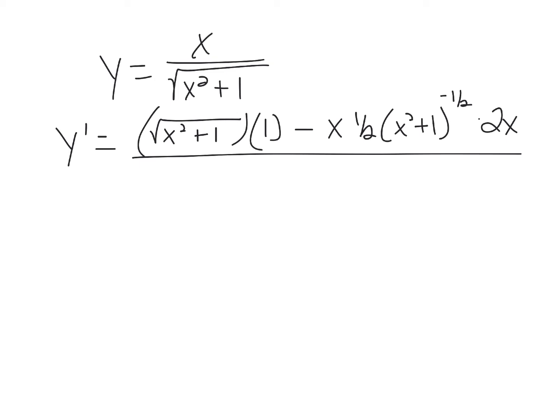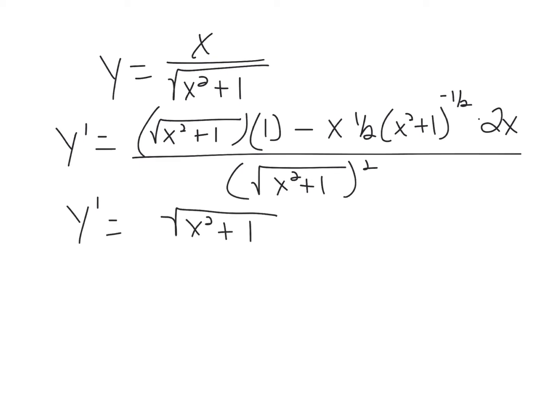All over the denominator squared, so we have the square root of x squared plus 1, squared. Time for some simplifying. 1 times anything is itself, so I'm just going to leave the x squared plus 1 right here. This whole mess, oh boy, we have x times 1/2 times 2x, which, 2 times 1/2 is 1, and then x times x is x squared.